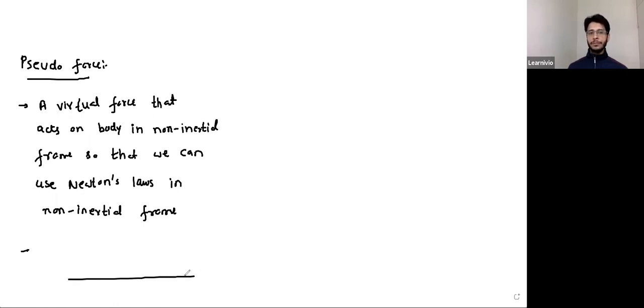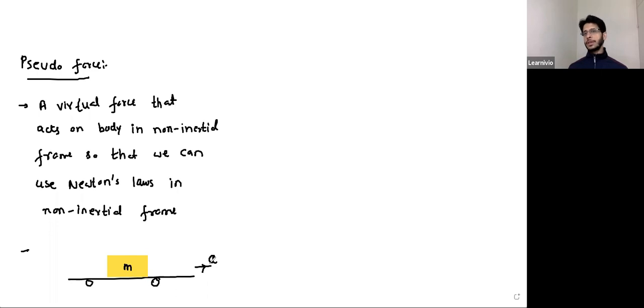Let's say this is a frame. This is some bus or truck. It's moving in the right hand side direction with some acceleration a. Over this truck, I place this body of mass m.